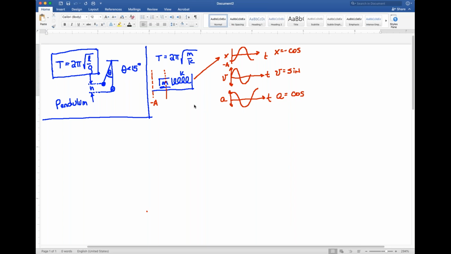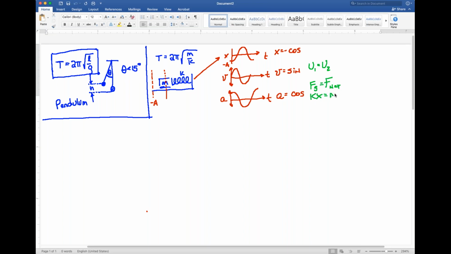If you're asked about speed, it's typically conservation of mechanical energy. As we saw with the pendulum, we could say that the energy at some position is equal to the energy at some other position. And if it's an acceleration question, again, as we've seen tonight, it's a dynamics question. Spring force is equal to net force.